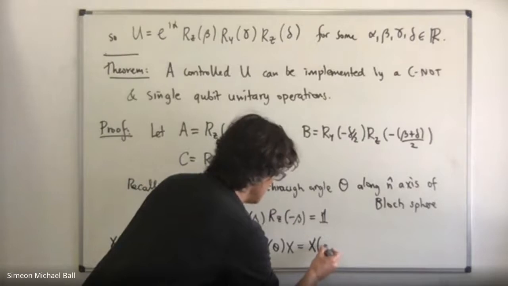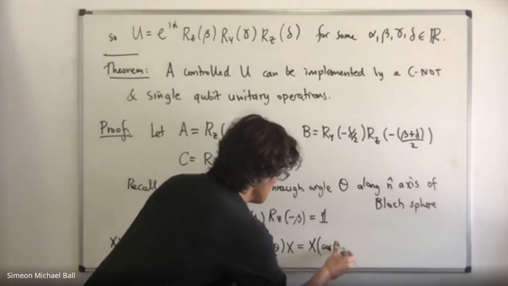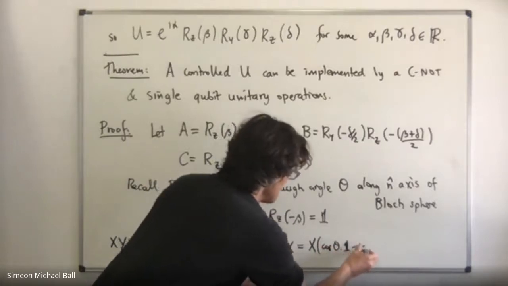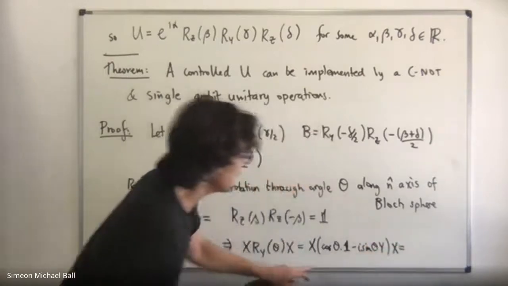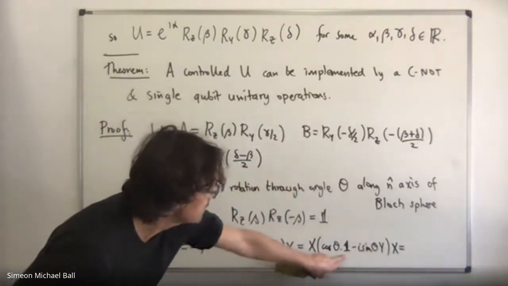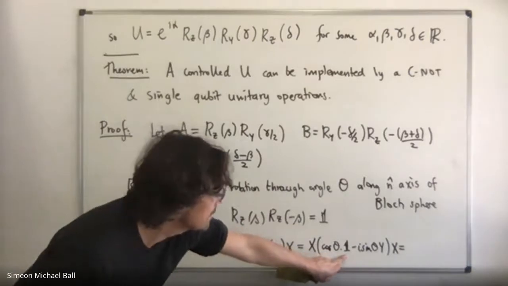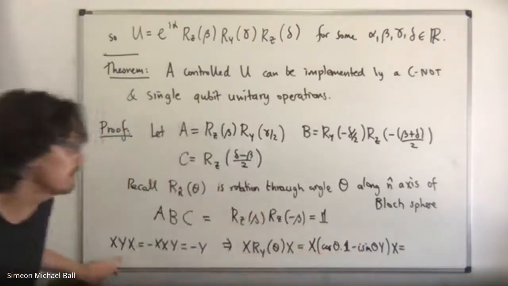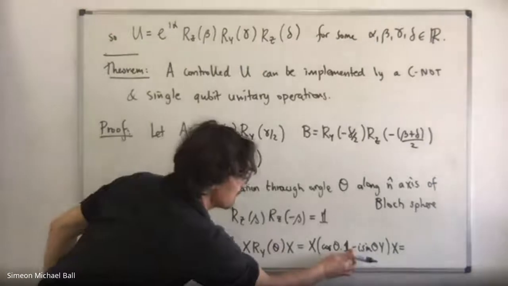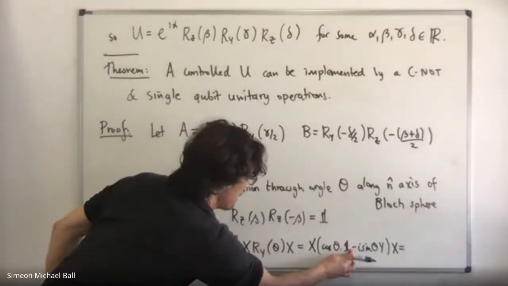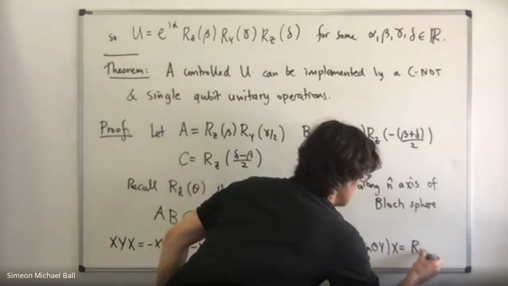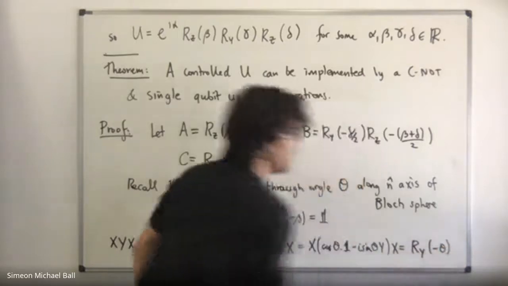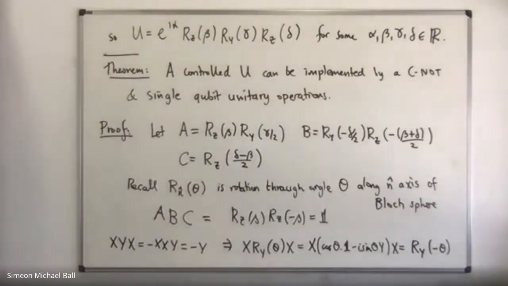This is cosine theta times the identity minus i sine theta times yx. And you can see what happens here is that I get xx, which is just the identity, and the xyx, which is minus y. So the sign here changes to a plus. So that's just the same as doing rotation of a degree minus theta.